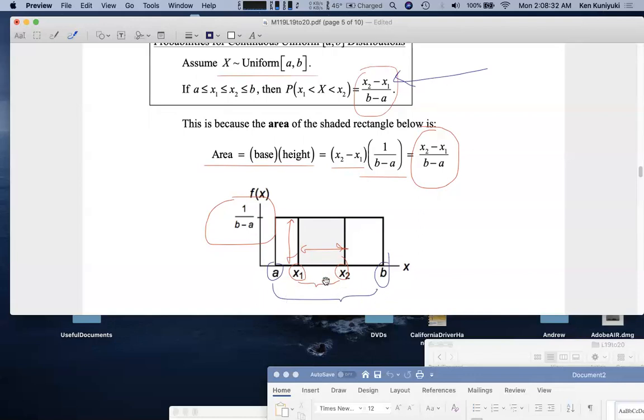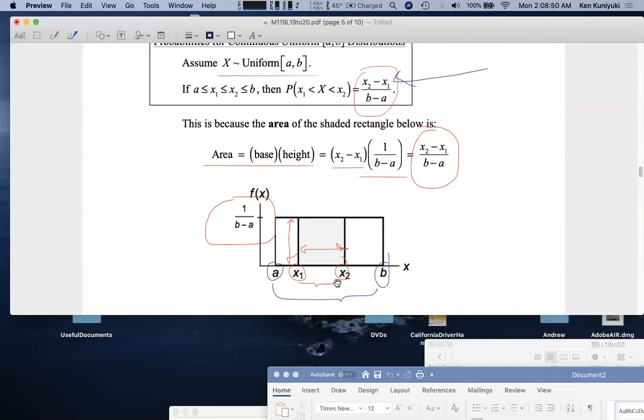So for example, if this red subinterval, the base of this rectangle, is 1/2 of the total interval from A to B, then the gray area is 1/2 of the total area, and the probability that x is between these two numbers is 1/2.